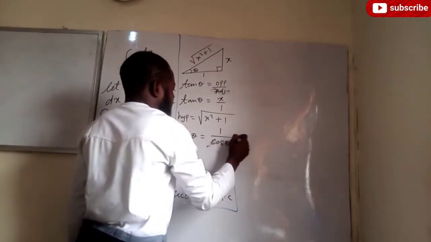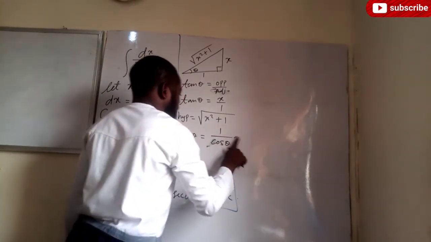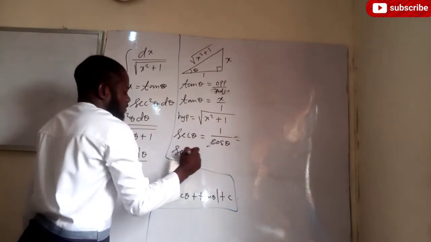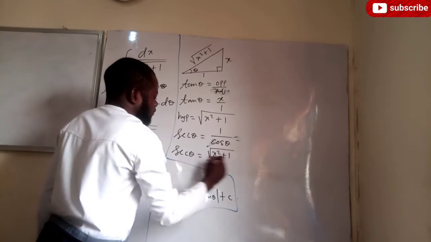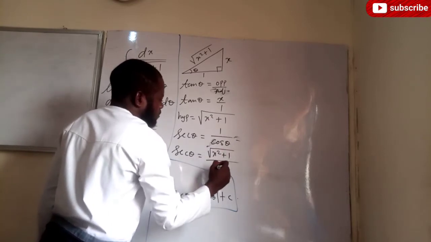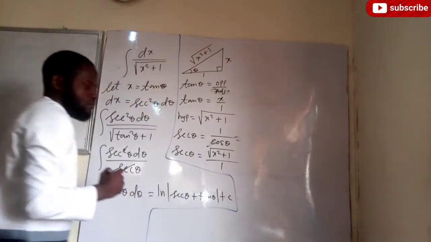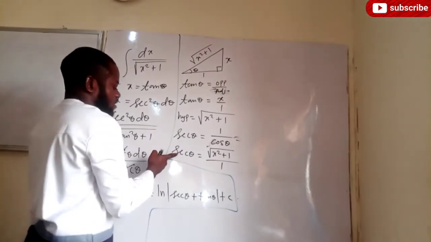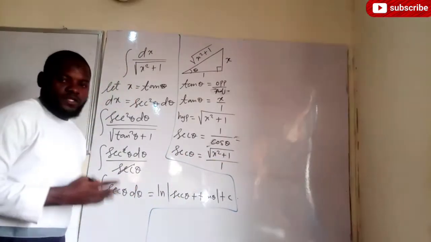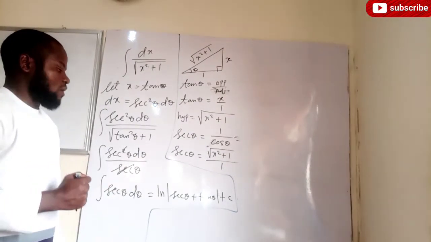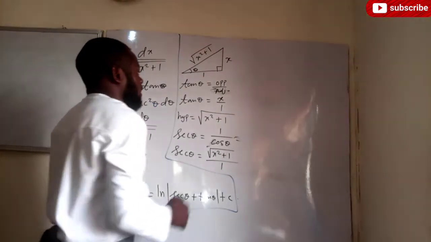So our sec theta is going to be the square root of x squared plus 1 all over 1. Do we understand that now? Thus, sec theta is equal to the square root of x squared plus 1. So we can then come back to the given question now.